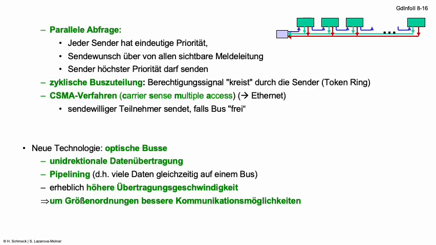So we can also have a parallel query where every sender or every transmitter has a clear priority. So they are given priorities, and then it expresses the send request via a message line that is visible to all. And then the one that has the highest priority can send.